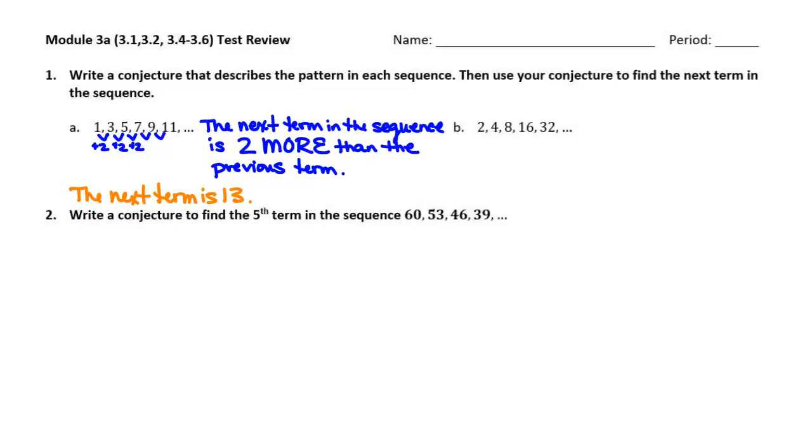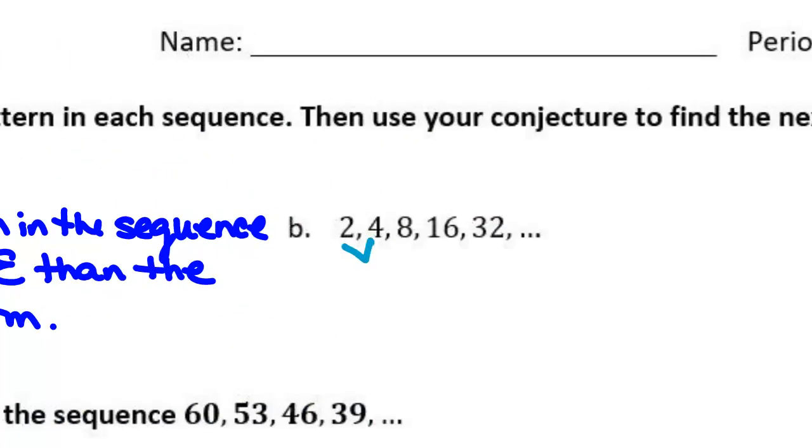Looks, at least at the beginning, like the same pattern. 2 plus 2 is 4, right? But can I keep that same pattern of plus 2 going? What are they doing? Doubling. They're timesing it by 2 instead of plussing 2.